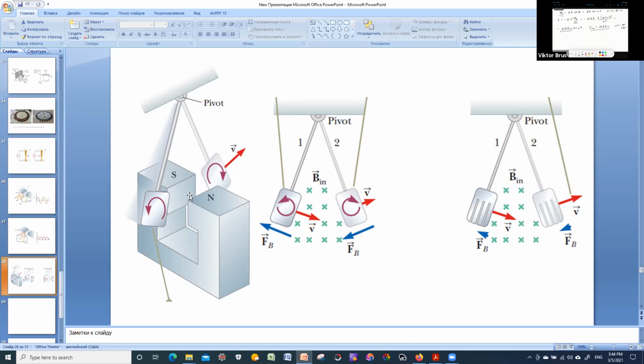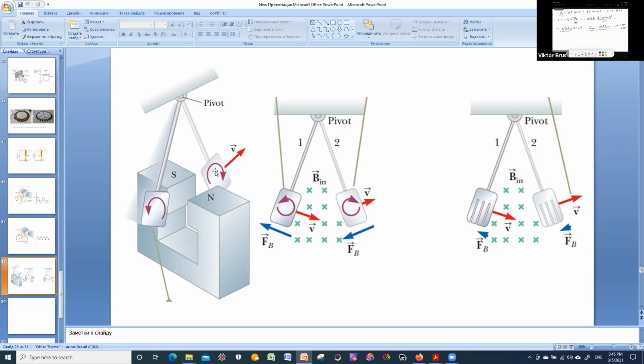Obviously, magnetic field flux increases, and the induced circulating current, which is called eddy current, is directed in that way that the magnetic field generated by this eddy current is opposing the change of the magnetic field flux.